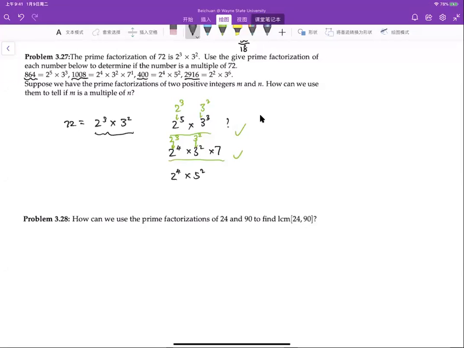Does it contain 2 cubed? Yes, right, because there is a 2 to the 4th. But how about 3 squared? You can see it doesn't have anything about 3, right? So this is not a multiple of 72.